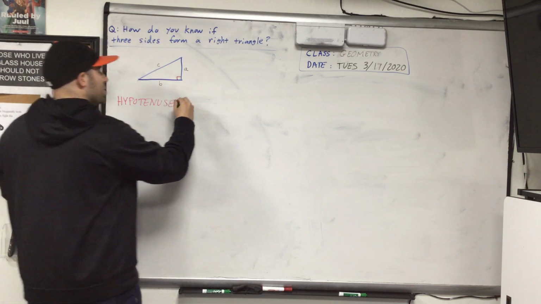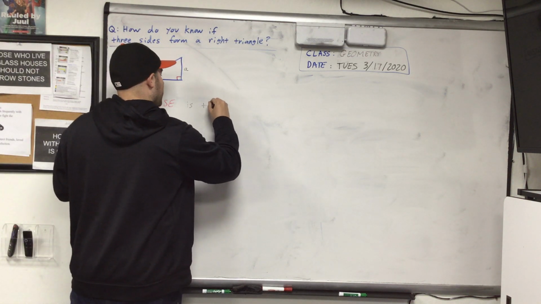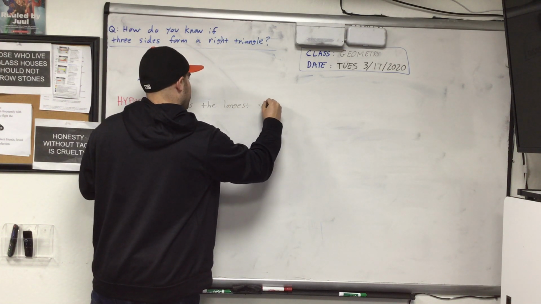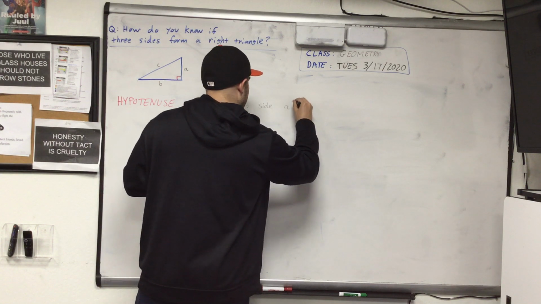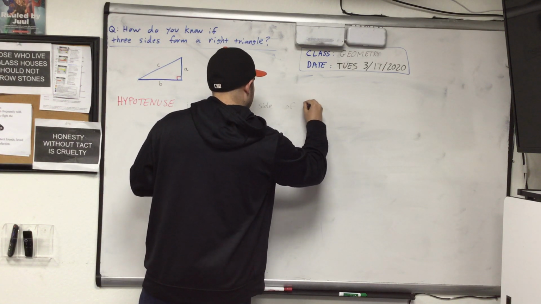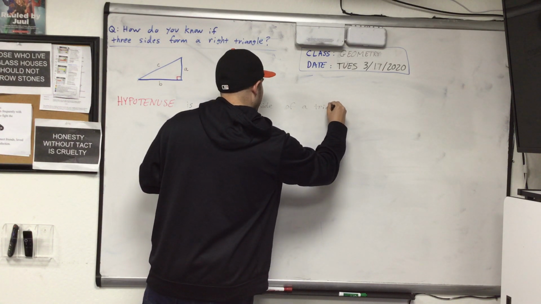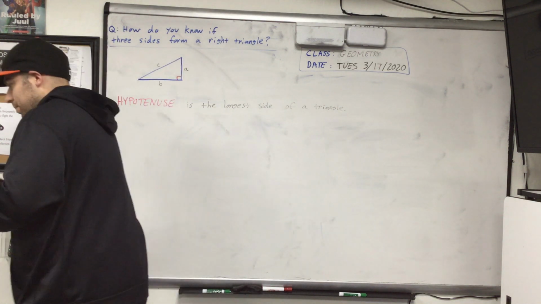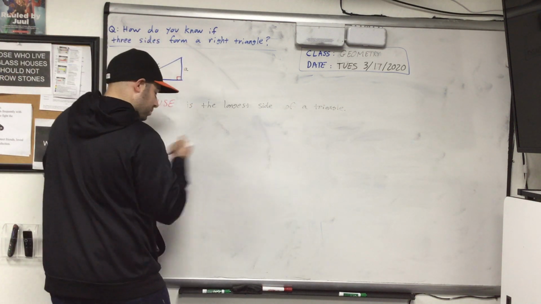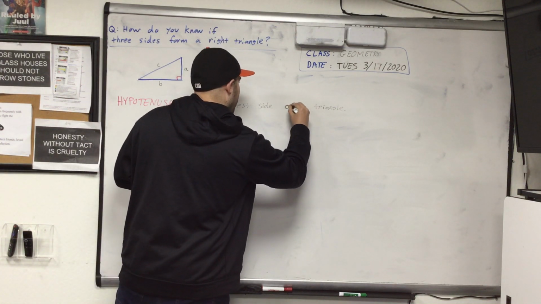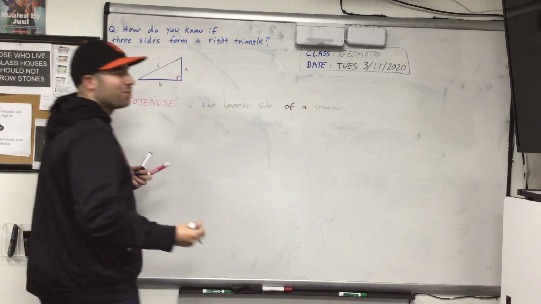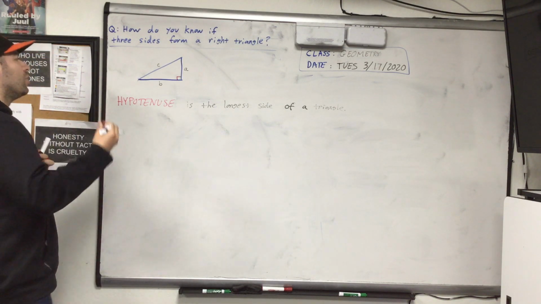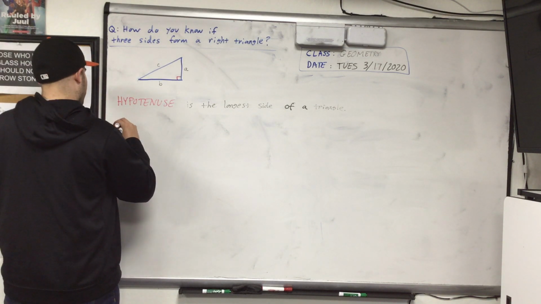The hypotenuse is the longest side of a triangle. And after this, I'm going to throw away this marker because I picked it up a second time and I've messed up. Okay? So the longest side of a right triangle is called the hypotenuse. Now, the two shorter sides are called the legs.